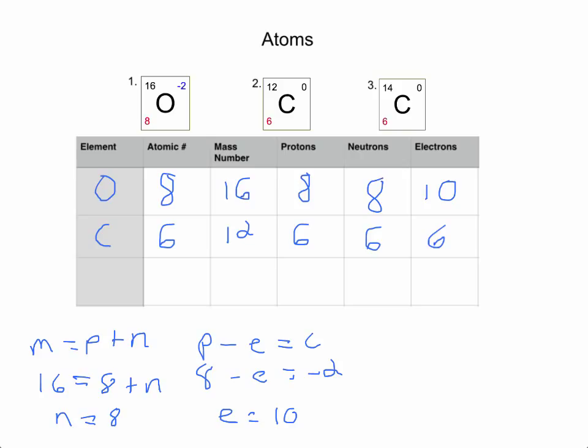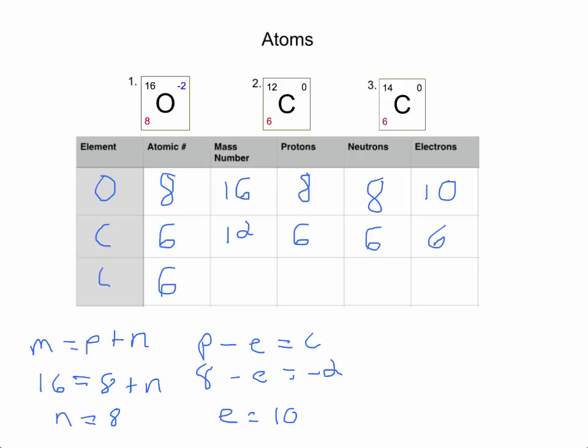For number 3, this looks very similar. So again, we have carbon. It has the atomic number of 6. Remember that if we had carbon and the atomic number was anything different than 6, we would have made a mistake, because carbon has to have 6 protons. If not, it would be a different element.